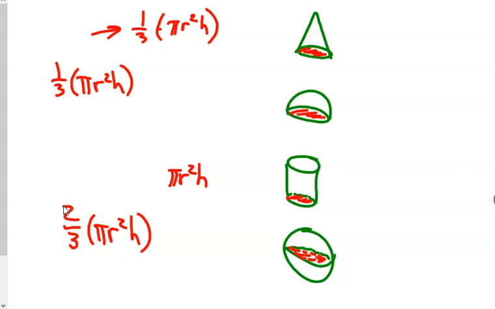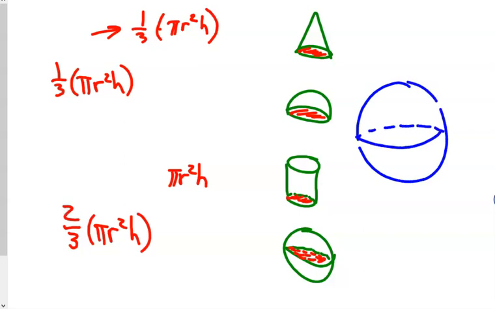Now, if you look up these formulas, you're not going to see h anywhere because the sphere itself doesn't have a height, at least not the way we think of height. So I'm going to draw a sphere here, and the total height of the sphere goes from here to here through the center of the sphere.